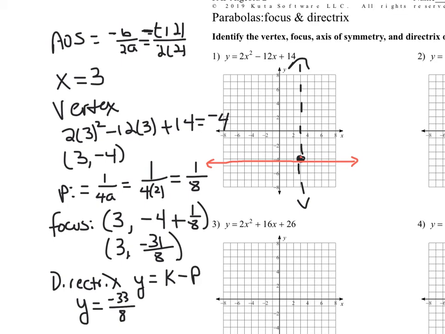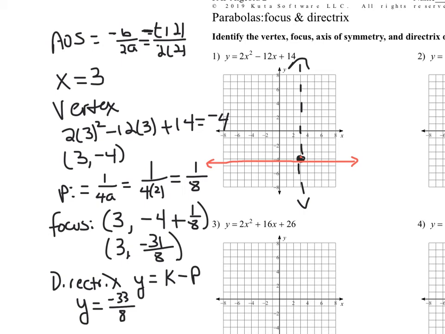And that is 1/8 away from the vertex in the opposite direction from the focus. And the equation for this line is y equals -33 over 8. Because I take my value for k, which was my -4, and I subtract p, which is 1/8. So -4 minus 1/8 gave me -33 over 8.